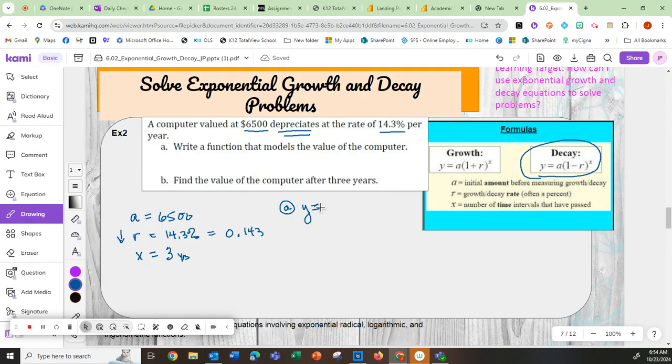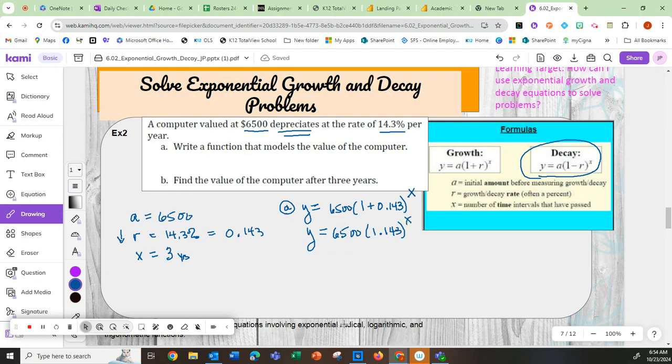So it's going to be Y equals initial amount times parentheses 1 plus 0.143. And in the A part, you're just going to leave the X there. That means you could put any number of years that you've owned the computer. So the A part just wants a function that represents the problem without putting in any years.